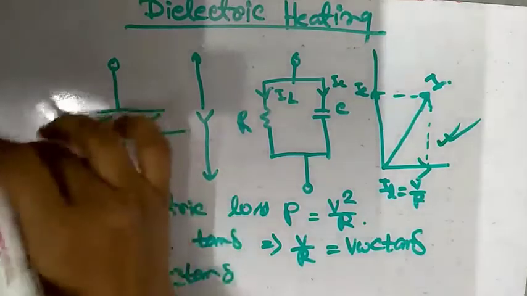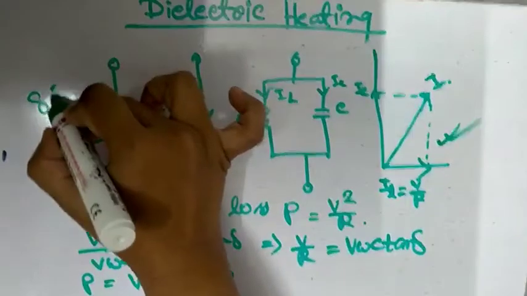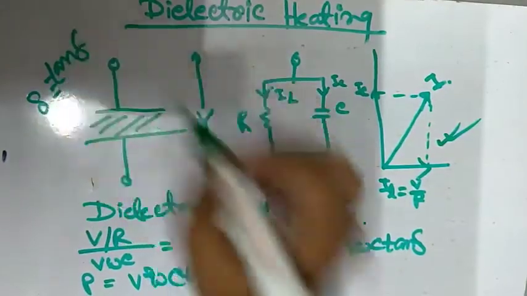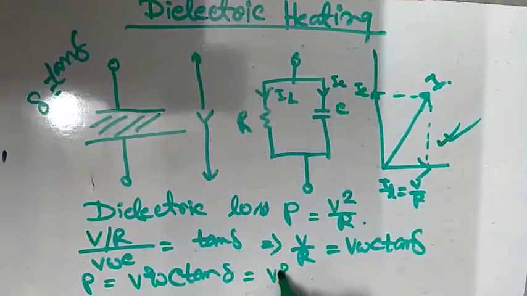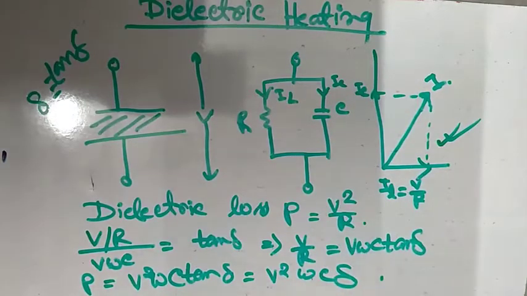Now, if delta is very small, then delta is equal to tan delta. So, we can write P is equal to V square omega C delta. This is the dielectric loss, where delta, in radian, is known as loss angle. And it is an indication of the state of dielectric, whether it is healthy or unhealthy. Higher the value of delta, less healthy is the state of dielectric material.